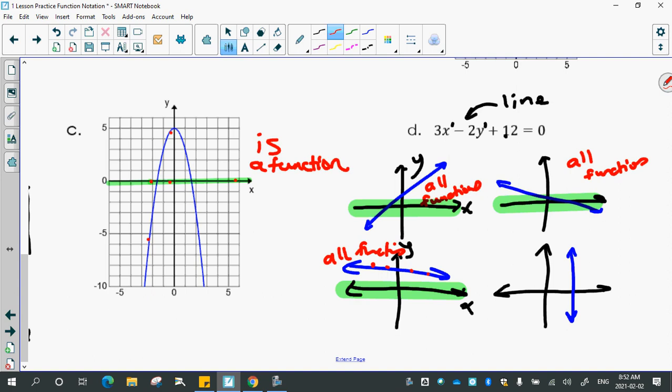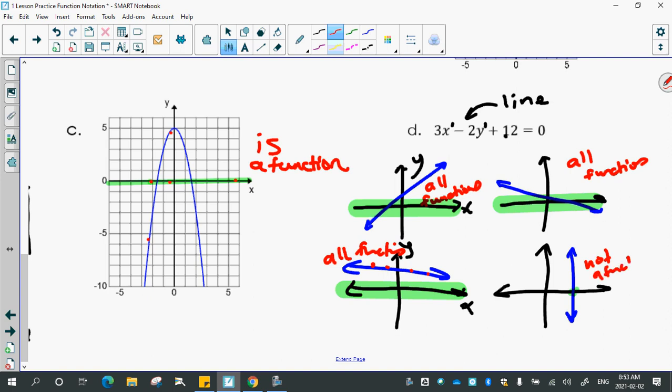There's only one valid input, first of all, right? This is the only valid input right there, the only input that gives you an output. And how many outputs does this one give you? An infinite number, right? So is a vertical line a function? No. So only one type of line is not a function.